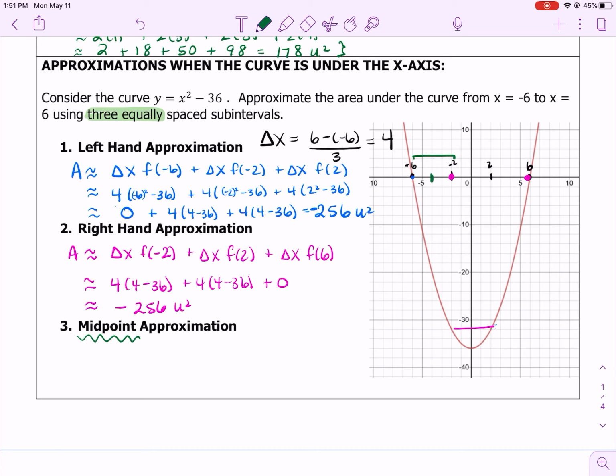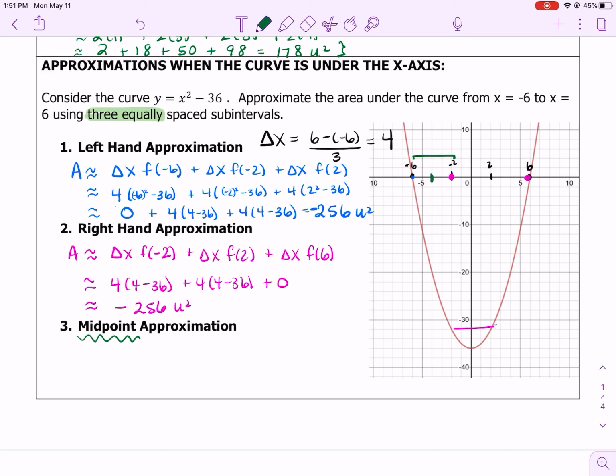If we approximate the first one here, we have 4 times 16 minus 36, plus 4 times a negative 36, and 4 times, again, that 16 minus 36 again. 16 minus 36, that is going to be a negative 20. So we have a negative 80 when multiplied by 4. We have another negative 80 at the other end.